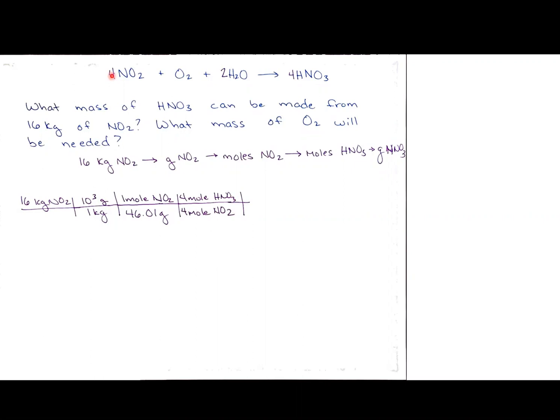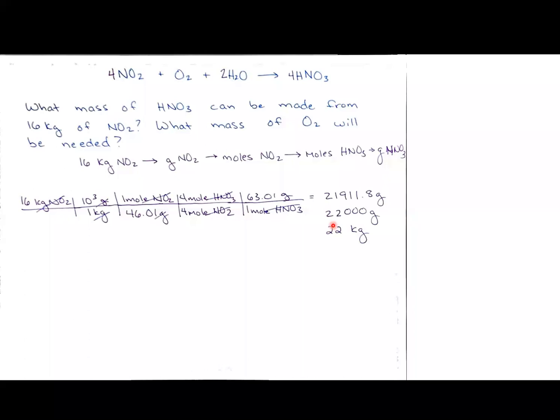So I've got a 4 here, a 4 here. That's why I've got a 4 on top and bottom. 1 mole of HNO3 weighs 63.01 grams. Okay. So everything cancels, and I'm left with 21911.8 grams. That's what my calculator tells me.